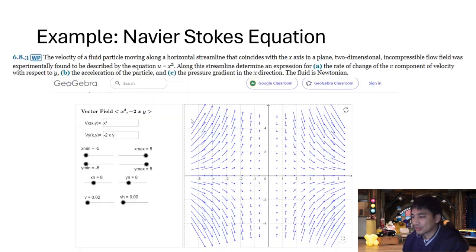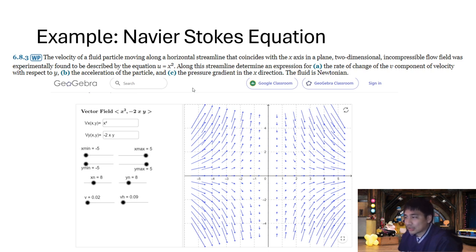Okay, so now I picked an example for the Navier-Stokes equation. This whole lecture is about the Navier-Stokes equation. We talked about where it came from, the derivation.